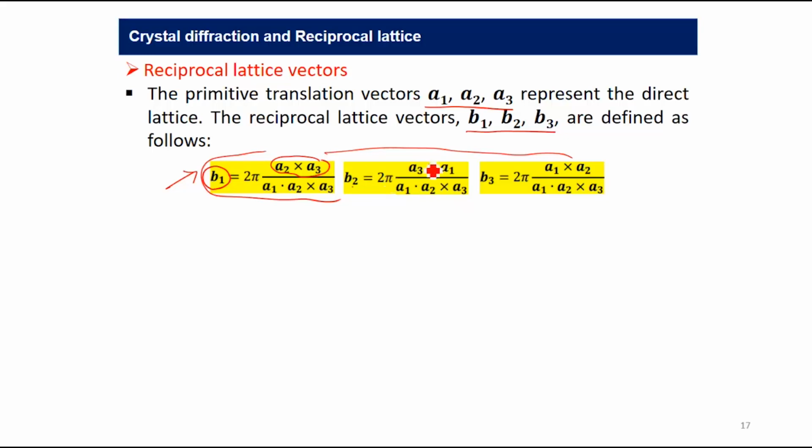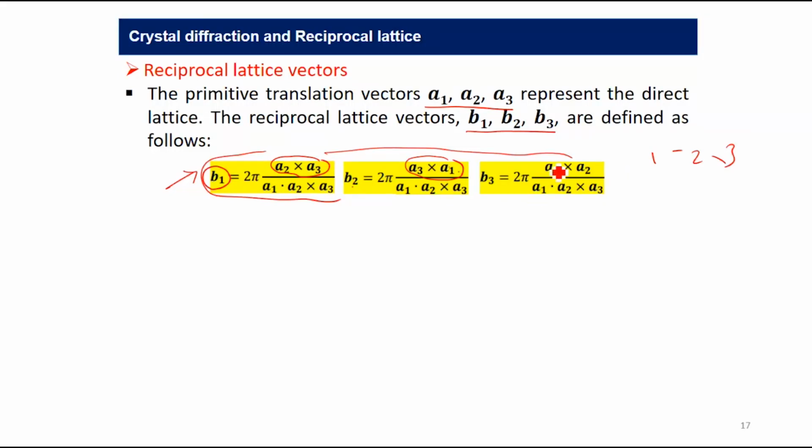Whenever it is b2, you take the cross product, but remember the cycle. It is 1, 2, 3 in a cycle. It is 3 cross 1, because in the cross product it matters whether it is 1 cross 3 or 3 cross 1. You have to follow the cyclic order: 1, 2, 3; 2, 3, 1; 3, 1, 2, and so on.